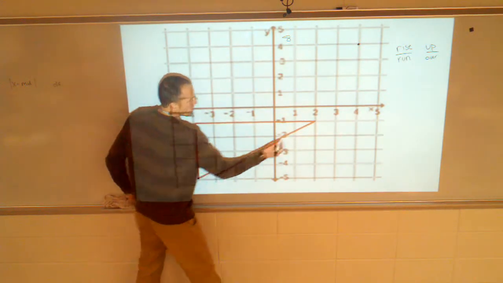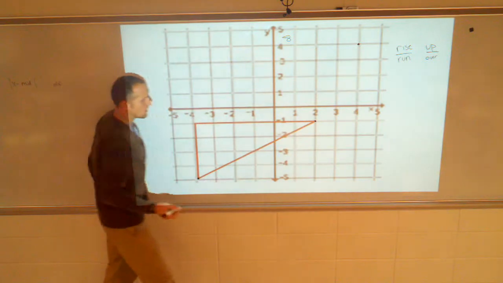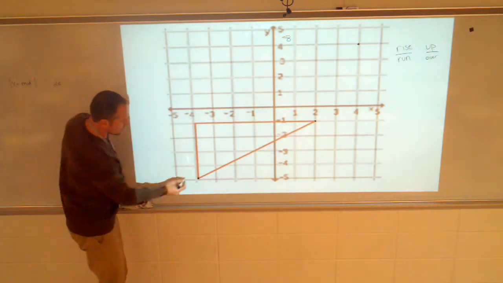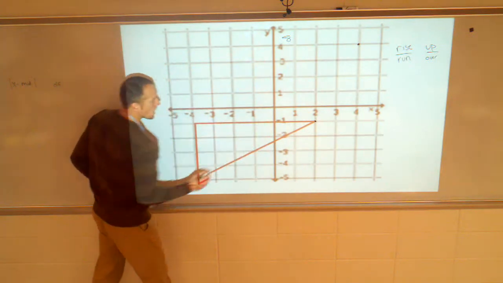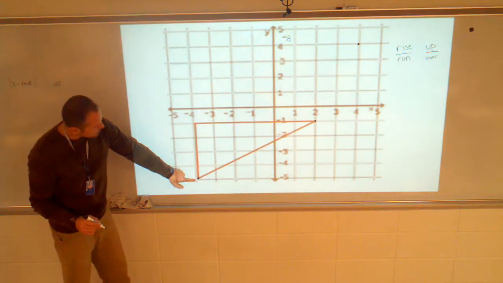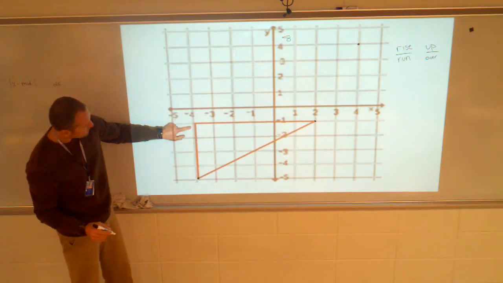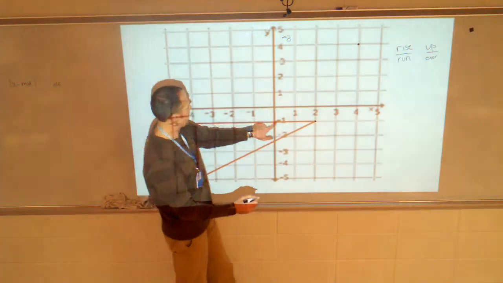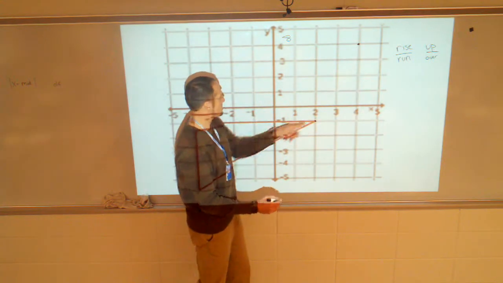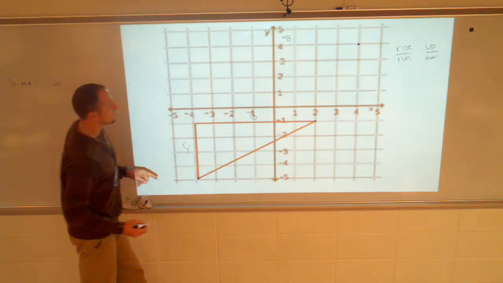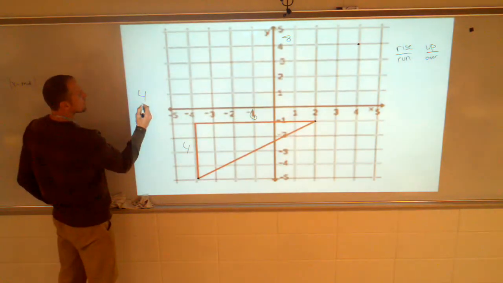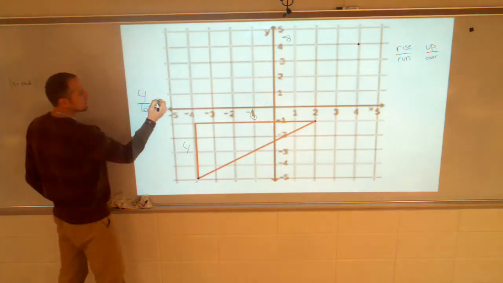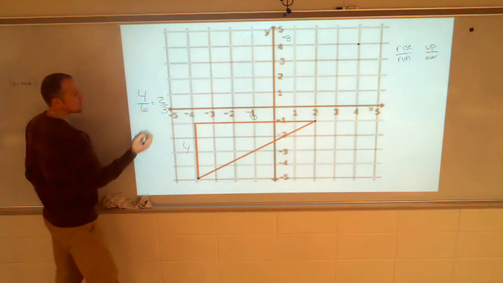From here to here. All right, you will have this line drawn. I want you to draw this triangle. From here, I'm going up 4, and I'm going over 6. So, up 4, over 6, and I need to reduce this to 2/3.